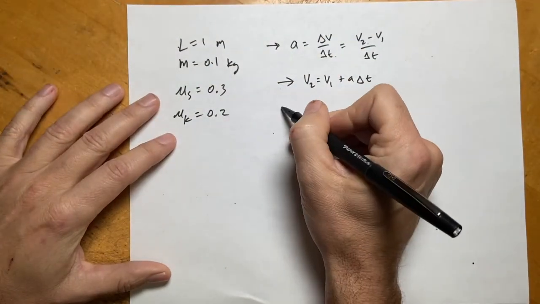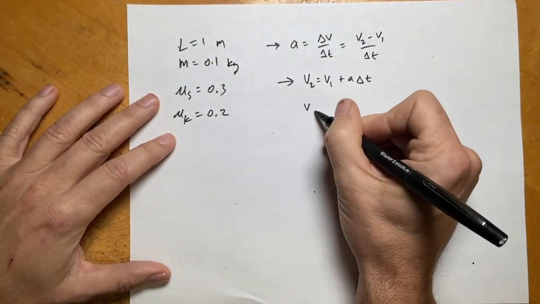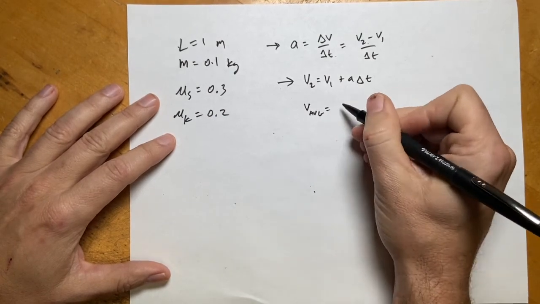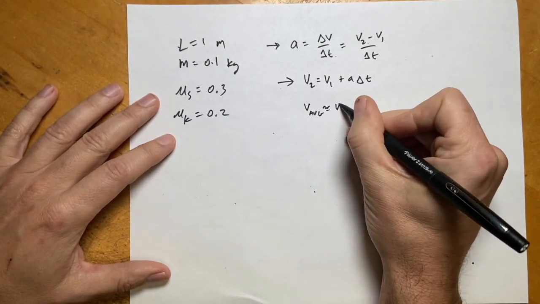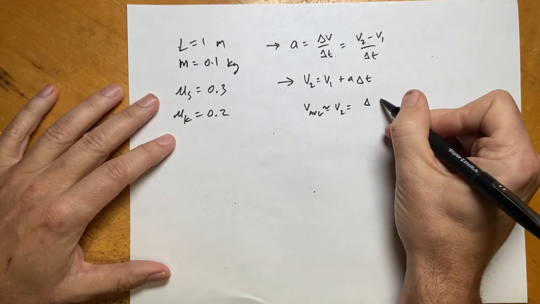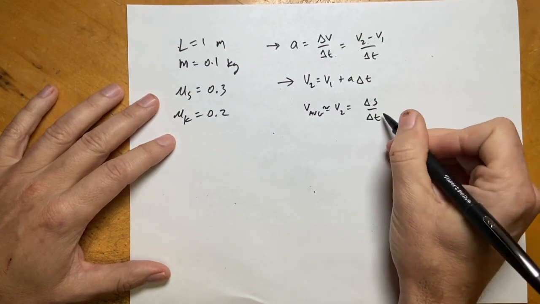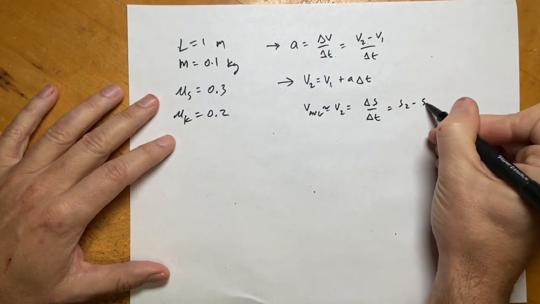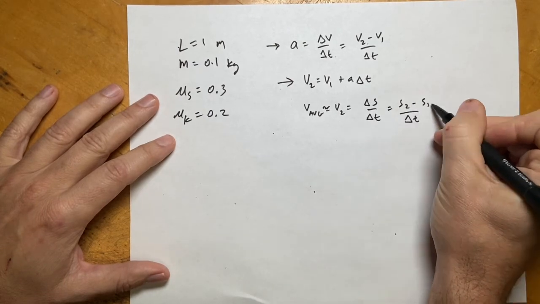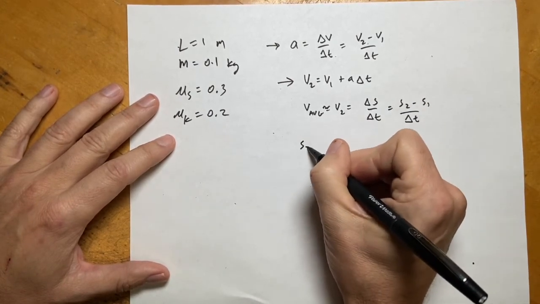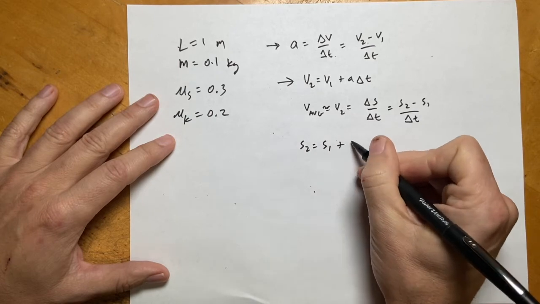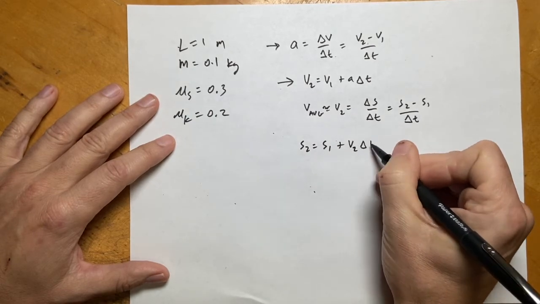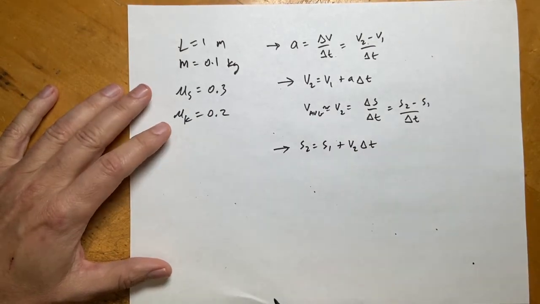And then I can say the average velocity is approximately equal to v2, which is delta s over delta t, which is s2 minus s1 over delta t. If I solve this for s2, I get s2 equals s1 plus v2 delta t. That's my position update formula.